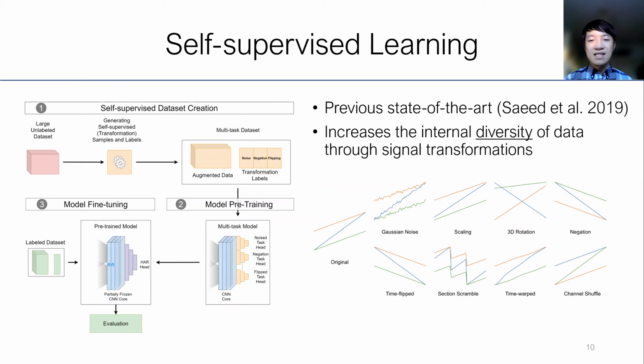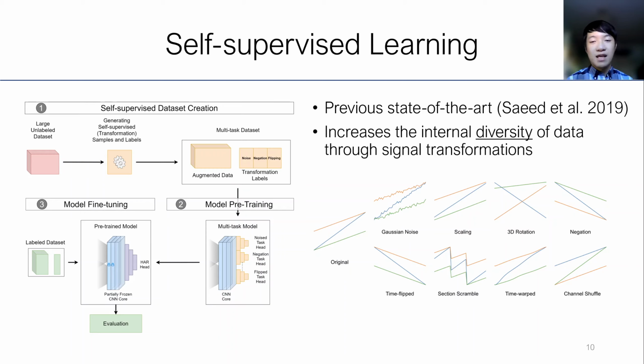These labels indicate which transformation has been applied to the data. And then we pre-train a student model on this multitask dataset to identify which transformation has been applied. And then finally, similar to teacher-student model training, we fine-tune the student model with a labeled dataset.